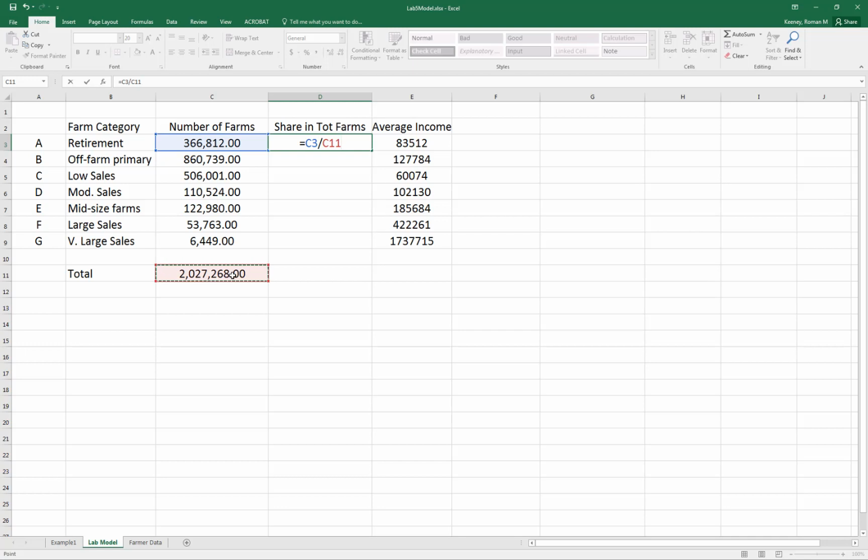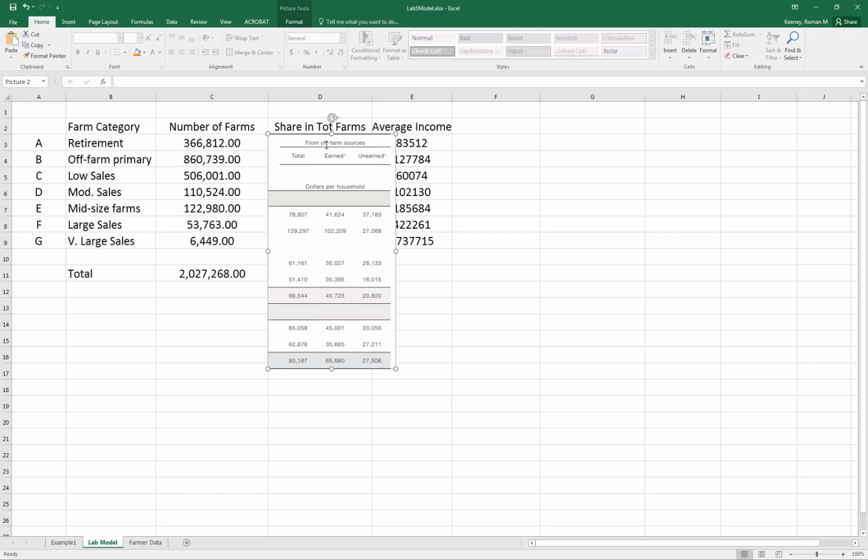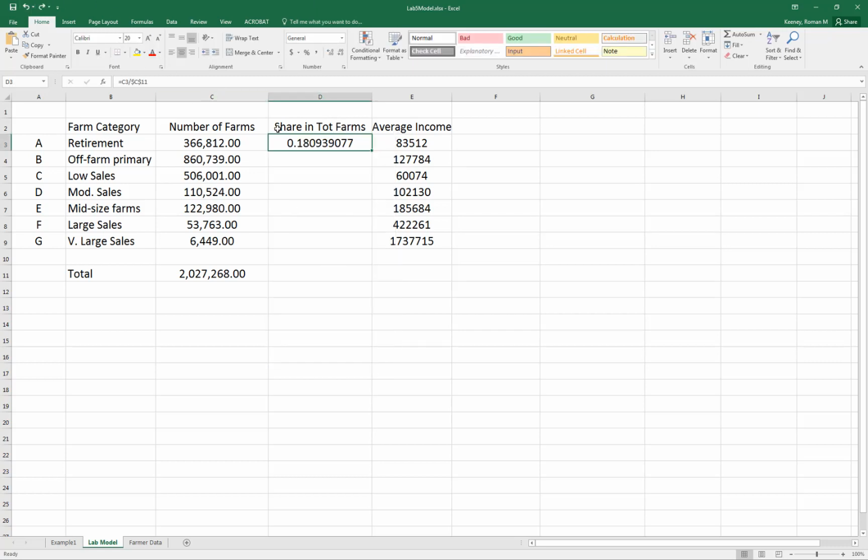And then if you punch F4 on your keyboard, you'll get these dollar signs, which makes it an absolute reference, and that gives us a formula that you can copy and paste down the row.